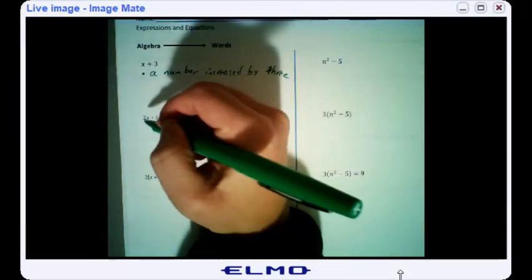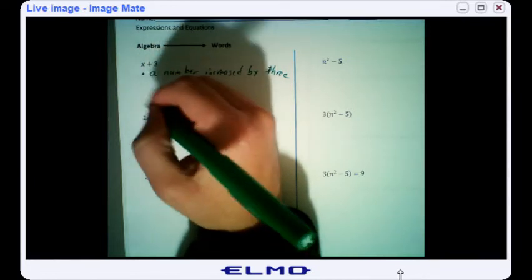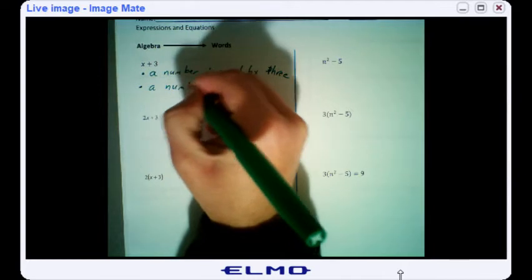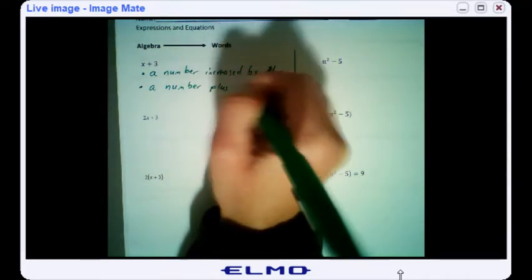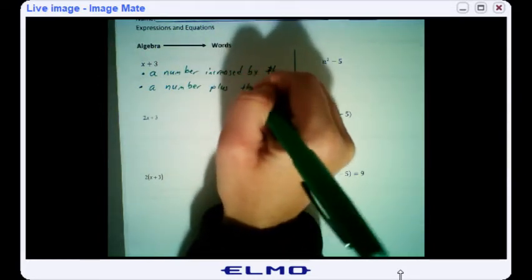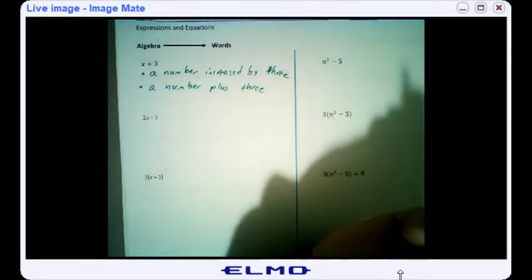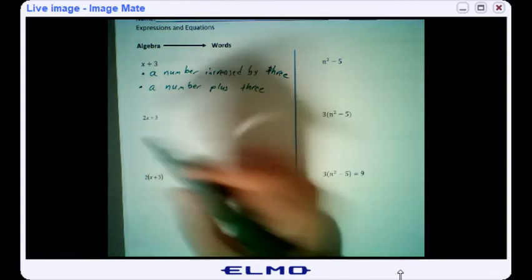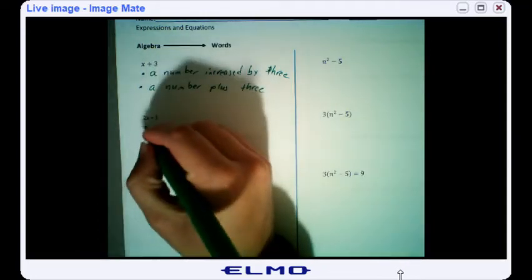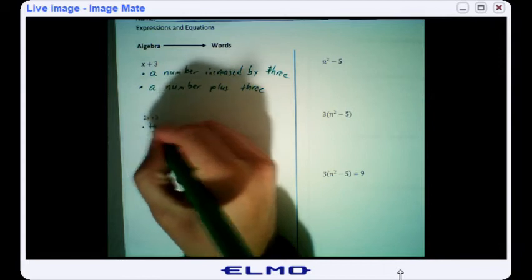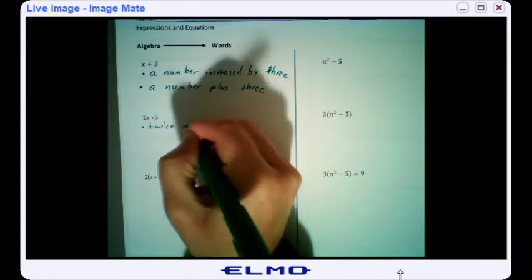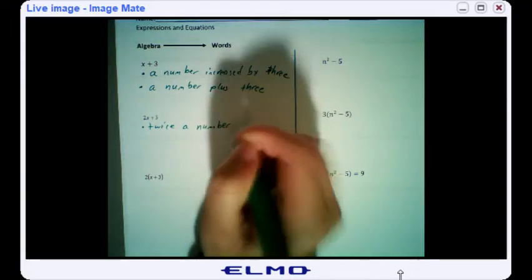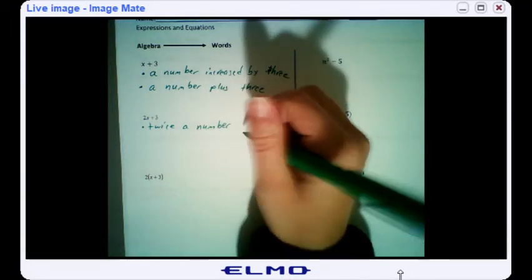We could also do just a number plus 3. That would be another example. Here, we could do twice a number increased by 3.